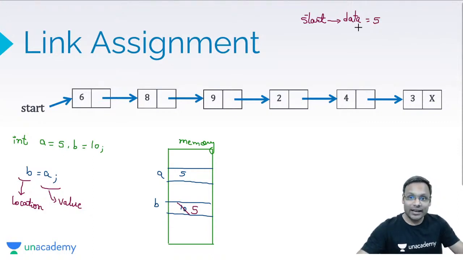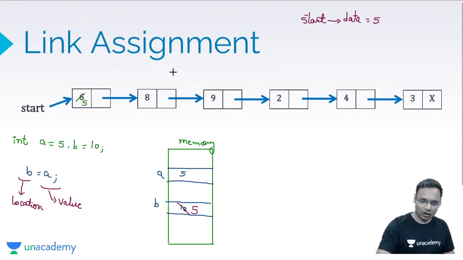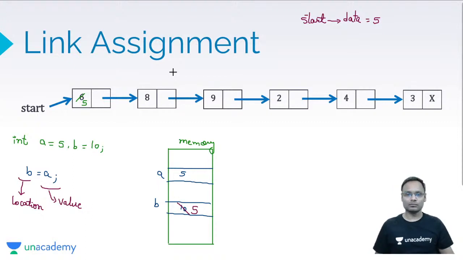In the left side I have given the location where to copy value 5, the data part of start node. Start is pointing to this node. Yes, its data part. This location is updated by value 5. Is that clear or not? क्या इतना easily समझ में आया या नहीं आया?